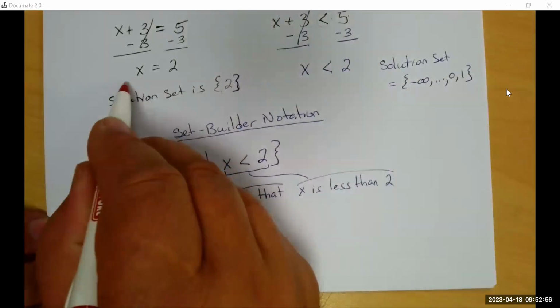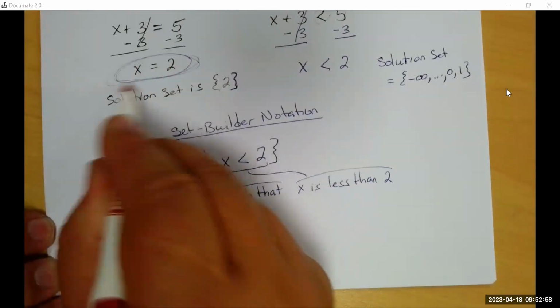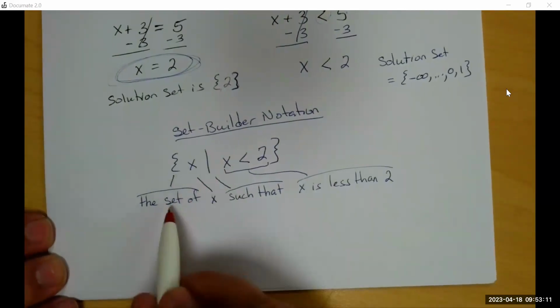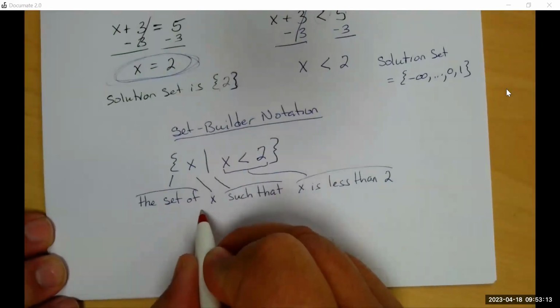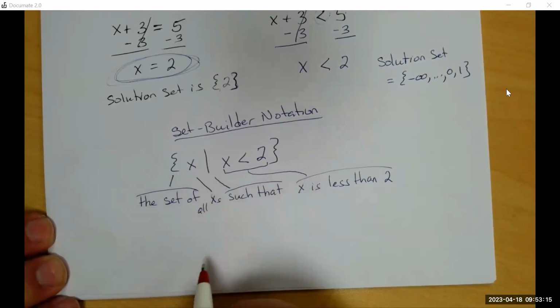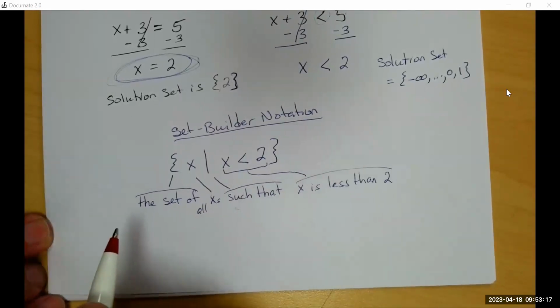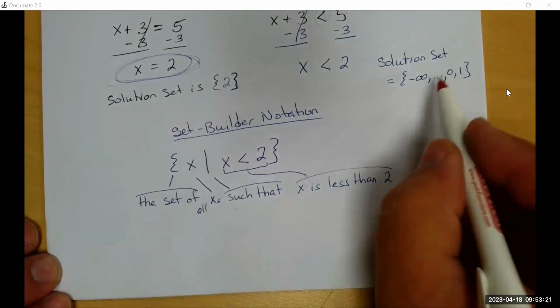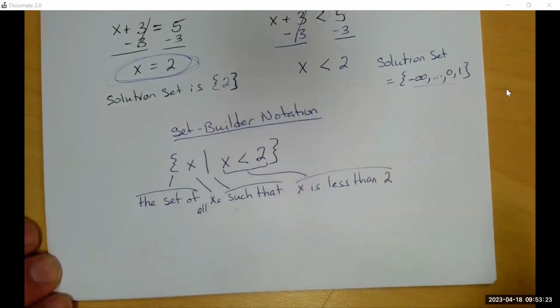How would you write the set builder notation for that answer? Remember, what this says here is the set of, actually, I could put all x's such that, because we've seen here, it's more than one number, it's a series of numbers.